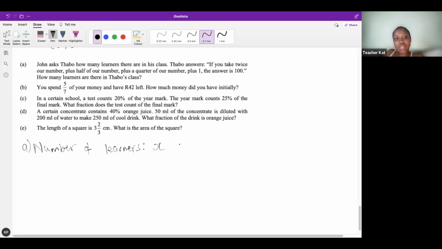Don't just start using X out of nowhere without explaining what this X is, because the question doesn't have a variable. So if you introduce a variable in an equation or an expression, you must tell the teacher, look, I'm making the number of learners equal X. Okay, we have done that. Step 1 is taken care of.